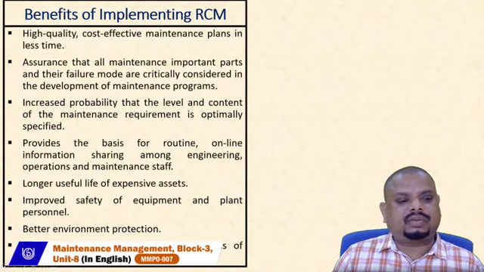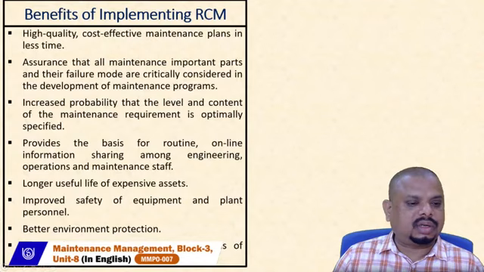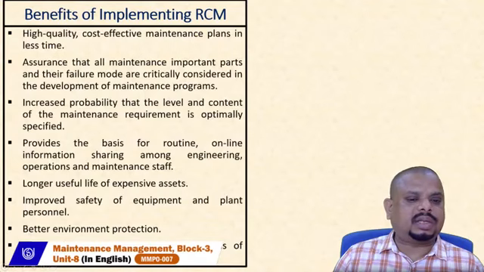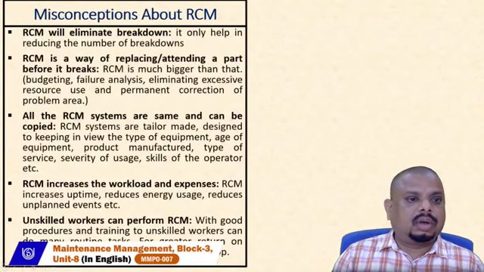The next benefits are a longer useful life of expensive assets, improved safety of equipment and plant personnel, and better environmental protection and sustainability. And the last one is improved operational performance in terms of output, quality, and customer service. So these are the basic benefits of implementing reliability centered maintenance in your organization.